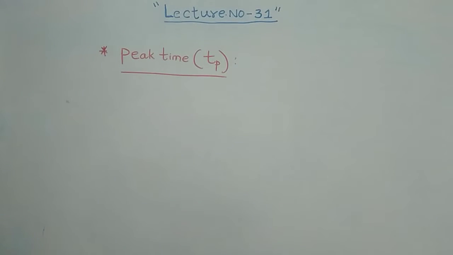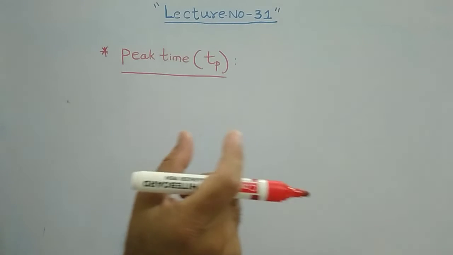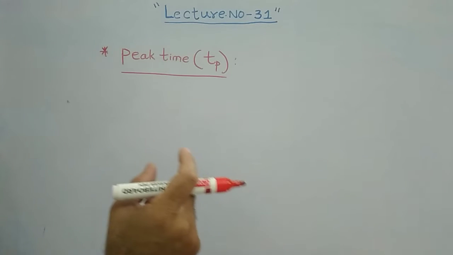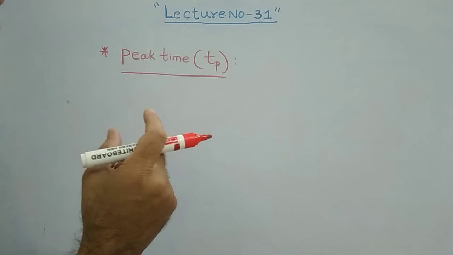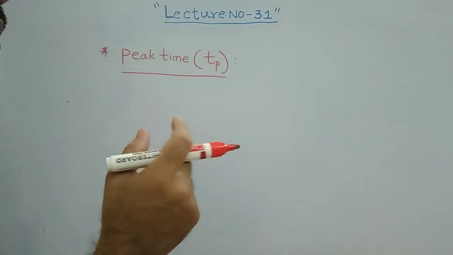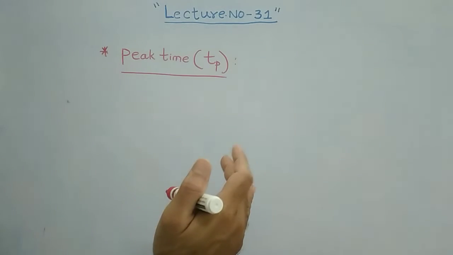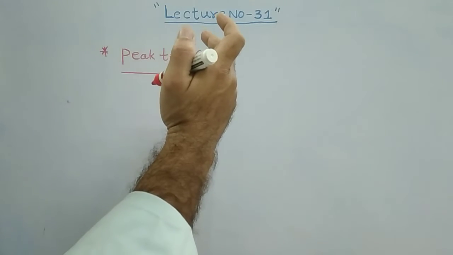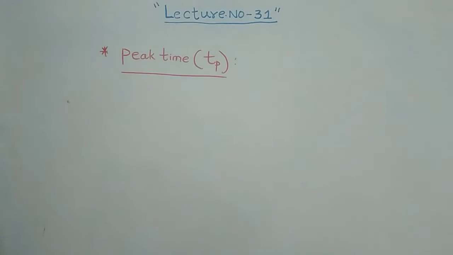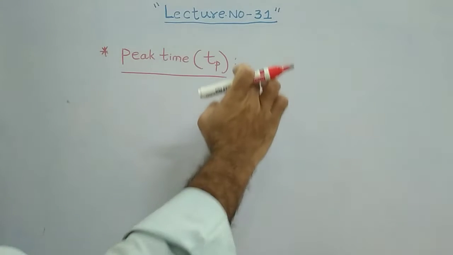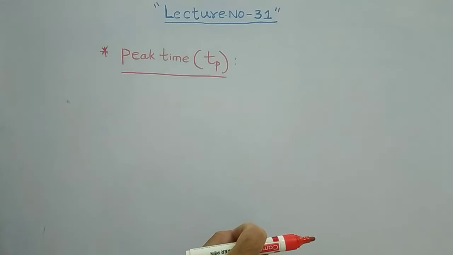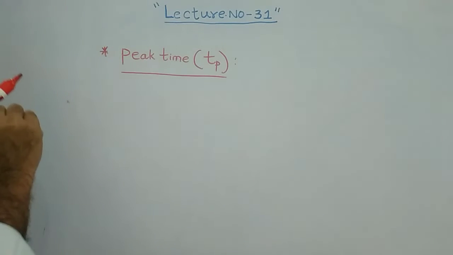Peak time is nothing but the time required for the response, or otherwise the time taken by the response, to reach the peak of its value. That is the time required for the response to reach the peak value. That's called the peak time.